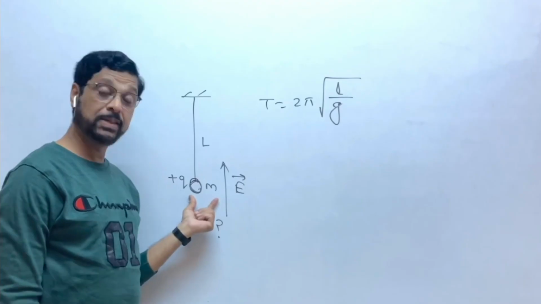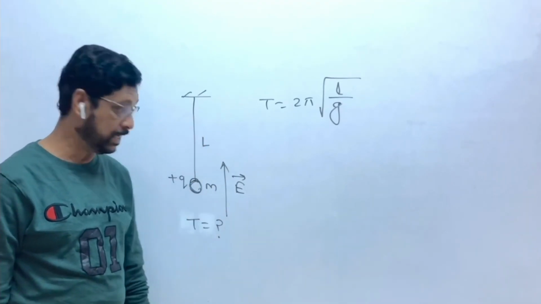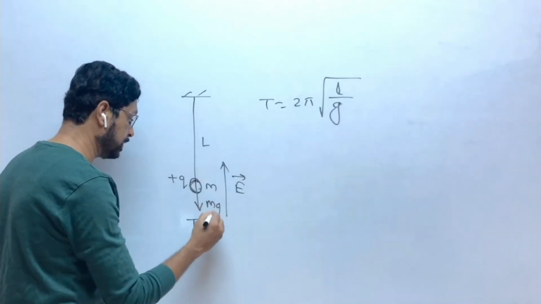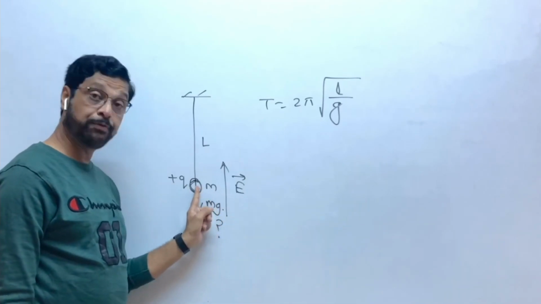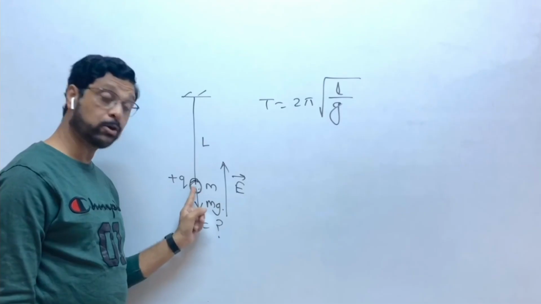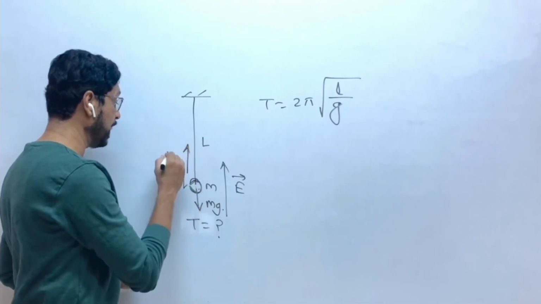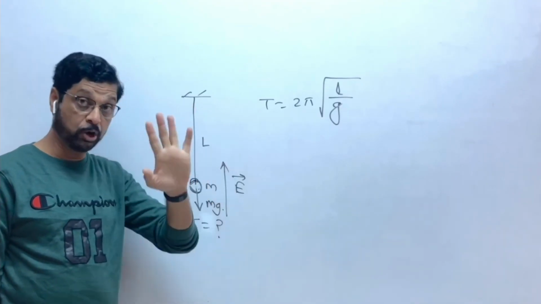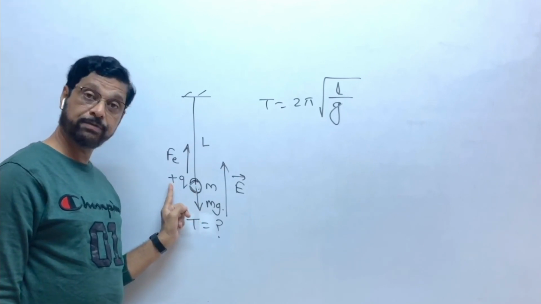But here, in this case, the effective acceleration is going to change because the weight of the bob is acting in the downward direction, and due to this electric field, a force will act on the bob. In which direction? Upward direction. Force due to electric field will act in the upward direction because the bob is carrying which charge? Positive charge.